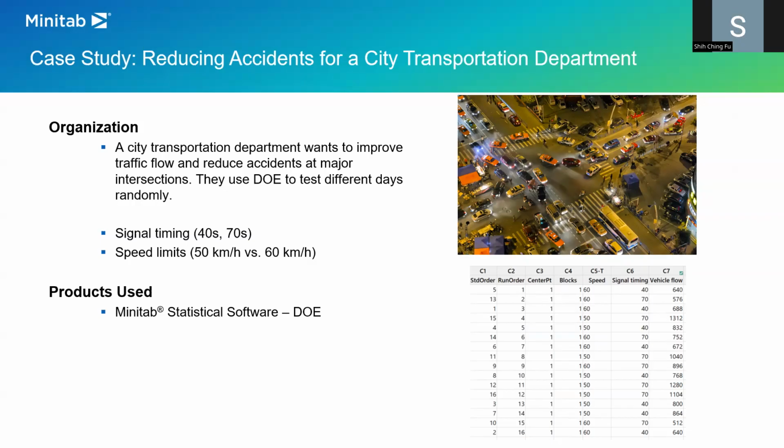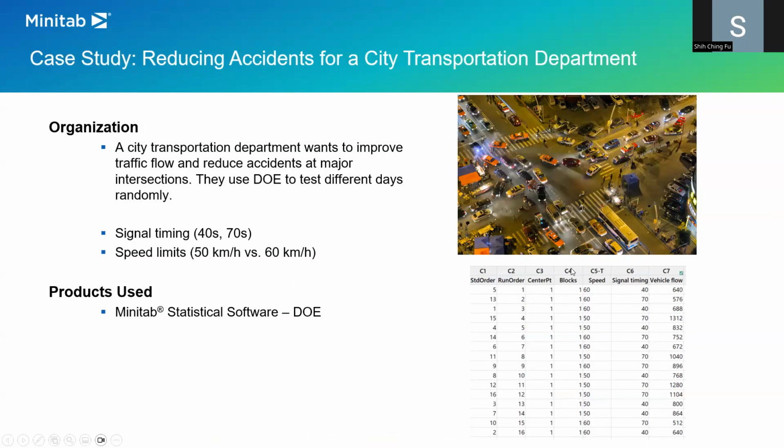Again, people always think about DOE as being in manufacturing, always manufacturing, but we can also apply DOE in government and services. So what we can do is set up different speeds and different signal timing, a combination again, and replicate the design multiple times. It depends on your budget and the power you want to achieve.